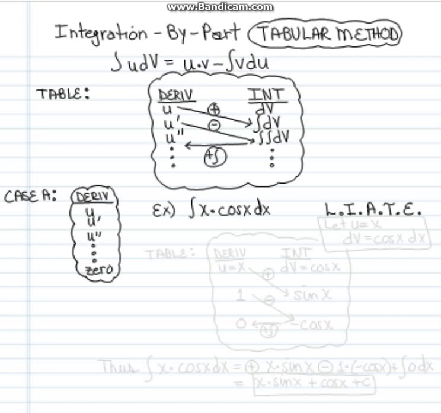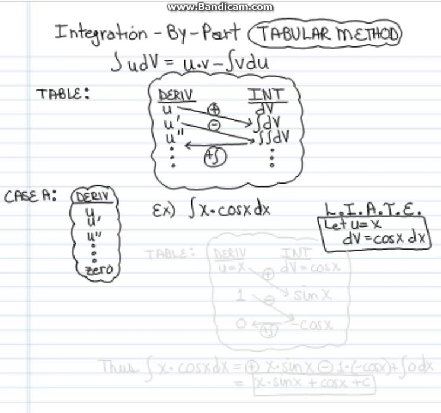So we're going to start off by saying let u equal x, because that is an algebraic function, and dv will be equal to whatever's left over. In this case, it's the cosine of x dx. So it's a good idea, as a matter of fact, it's imperative that you tell me what you chose to be your u and what you chose to be the dv.